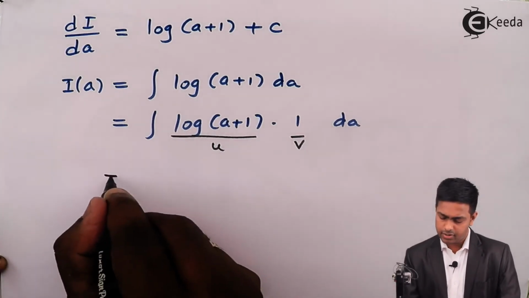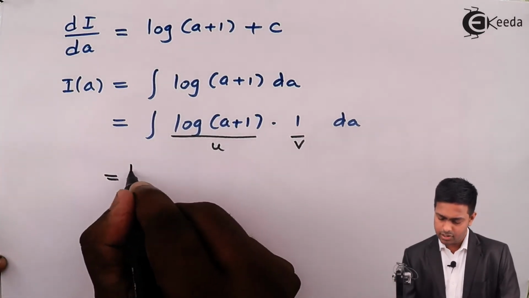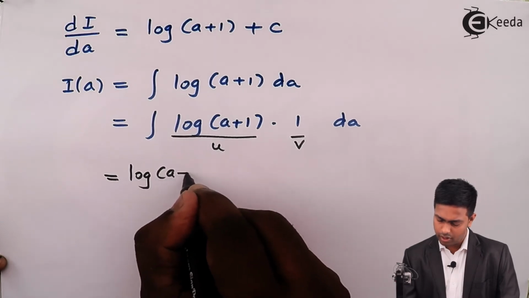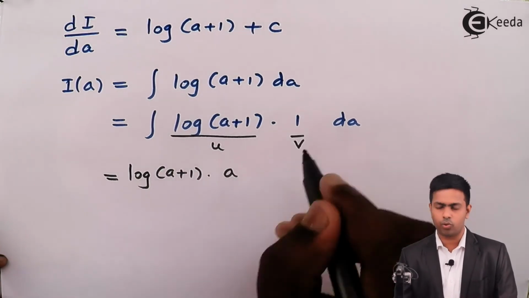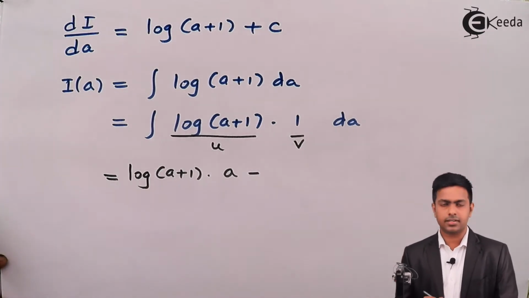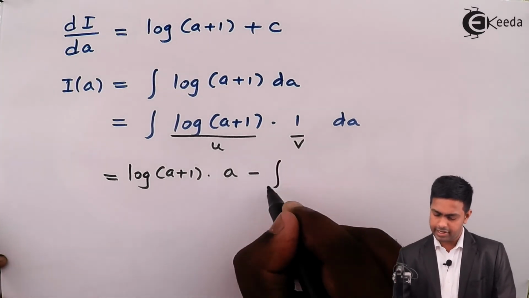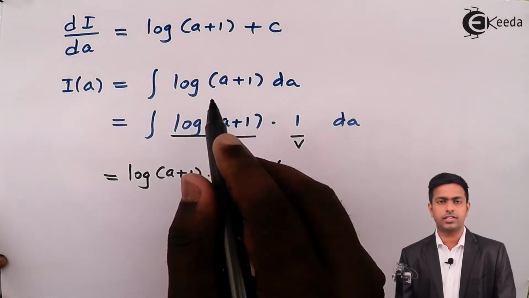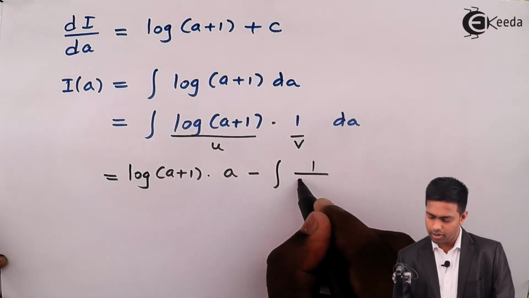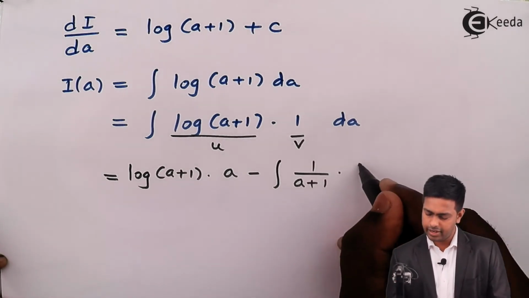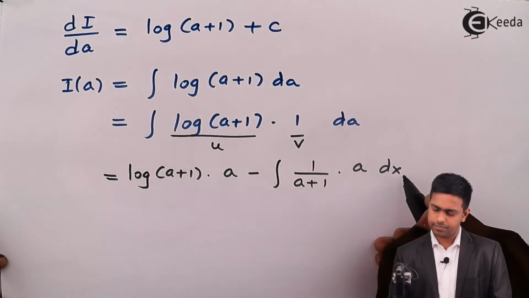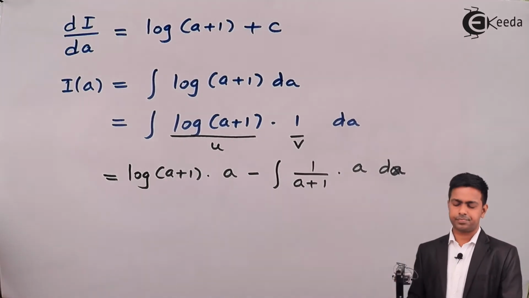So it will give us u, that is log of a plus 1 into integration of 1 with respect to a is a, minus integration of derivative of this u, which is 1 upon a plus 1, into integration of v, which is a, dA.